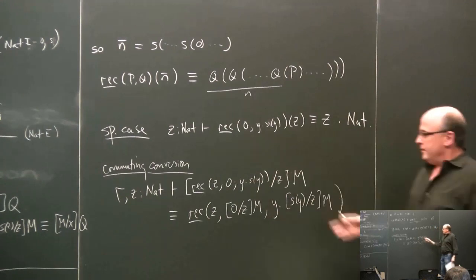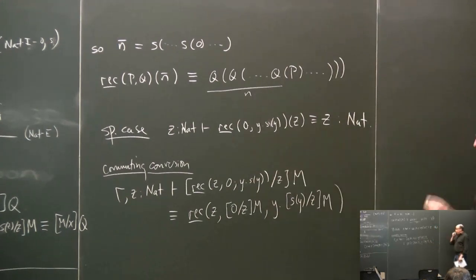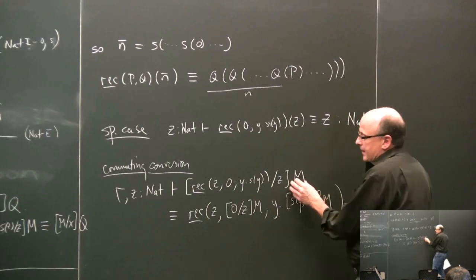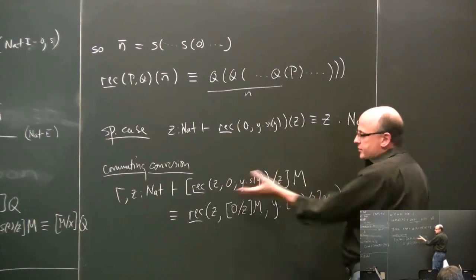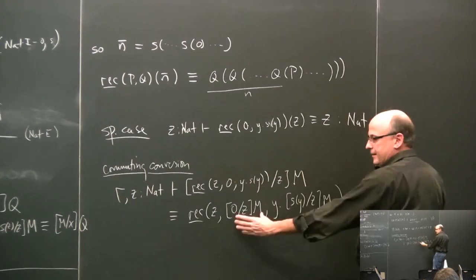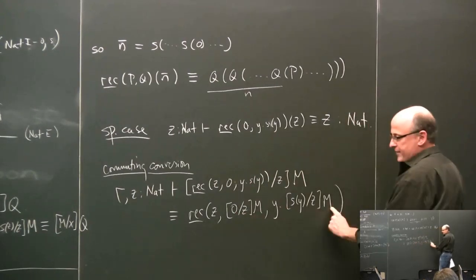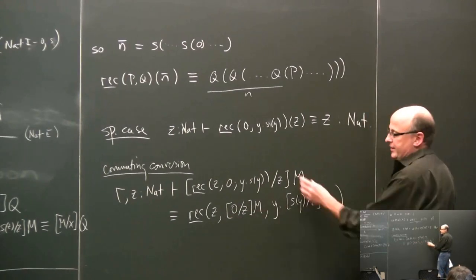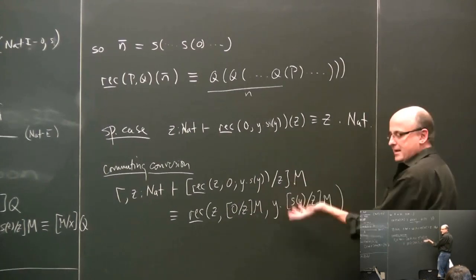This is called a commuting conversion because if you think of substitution as composition, then what I'm saying is I can pull the composition inside, I can put the M inside the branches of the recursor if it's the same on both branches on the outside.